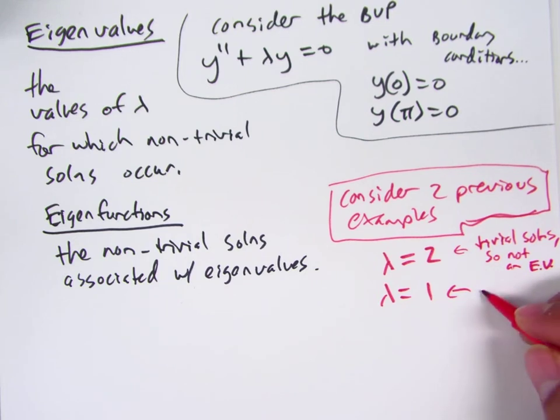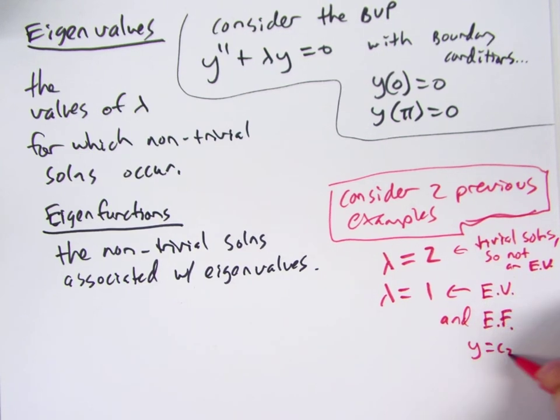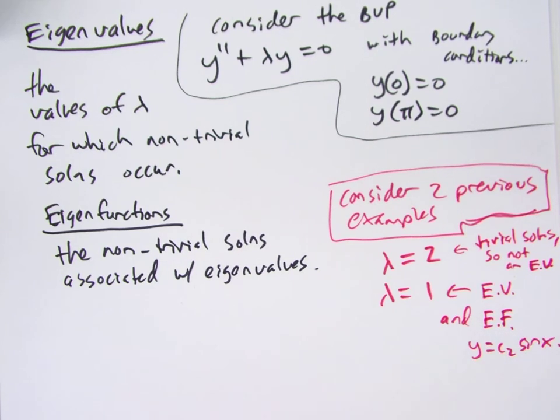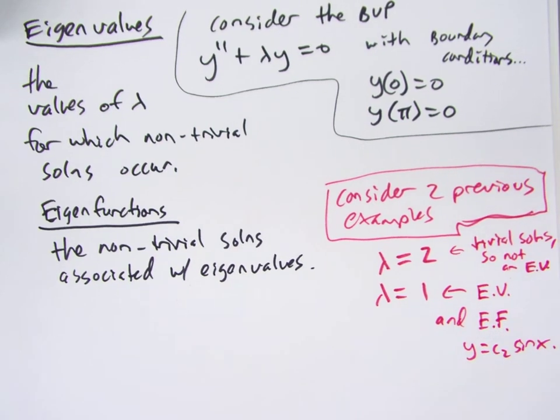So here, this is an eigenvalue, and the eigenfunctions were y equals c2 sine of x. Okay? Any questions on that? Okay.